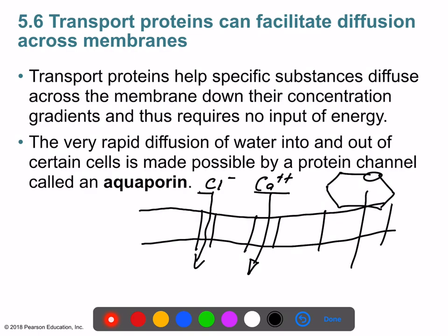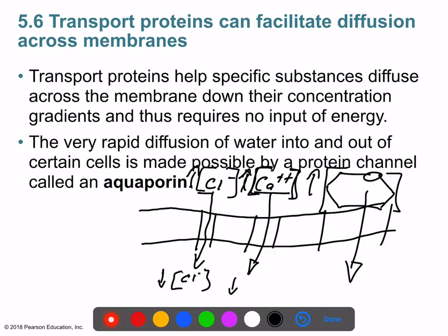That one would need its own transport protein to go through the membrane also. Okay, so they are still going from high concentration. This is my symbol for high concentration, high, and then the brackets concentration. And they would still move towards low concentration.